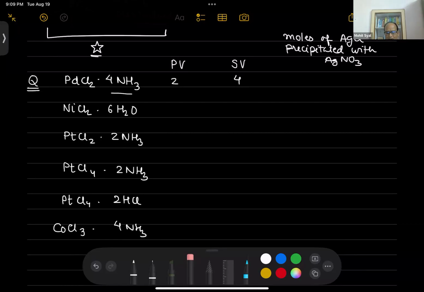So this is 4, this is +2. So the secondary valency is 4. It will be either 4 or 6. If it is 2, then it is 4. Nickel has primary valency 2 and secondary valency 6. The rule which I told is only for platinum and palladium.